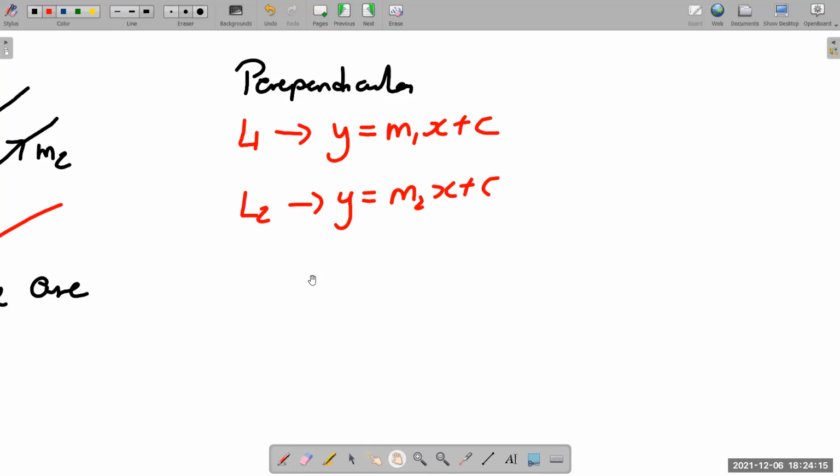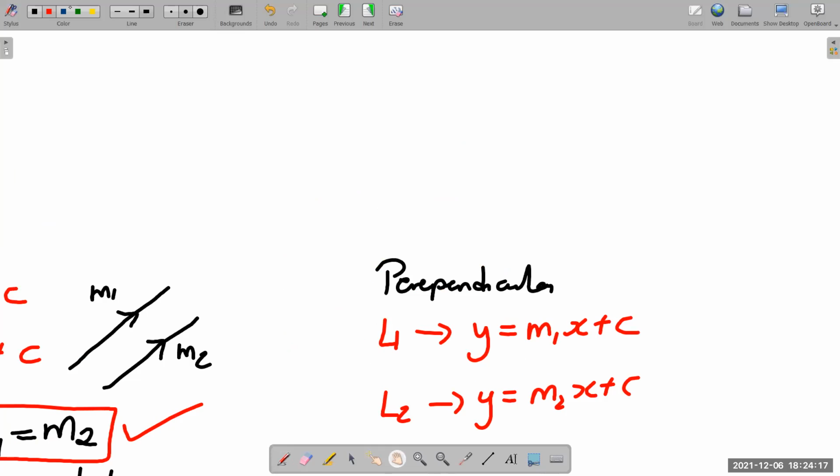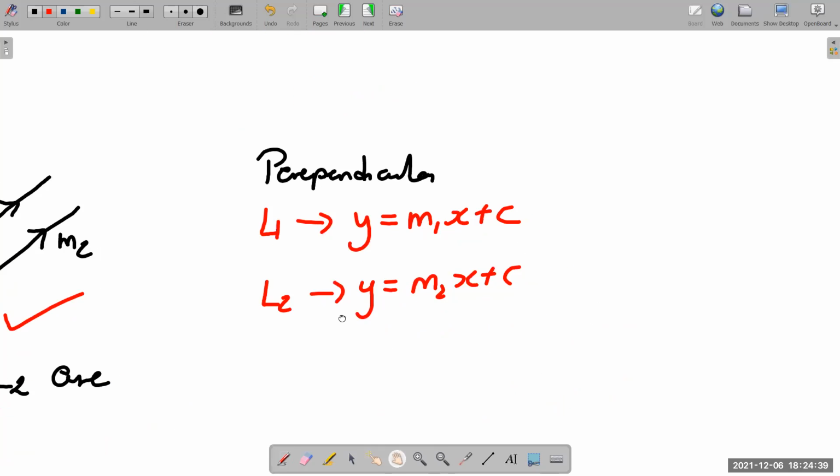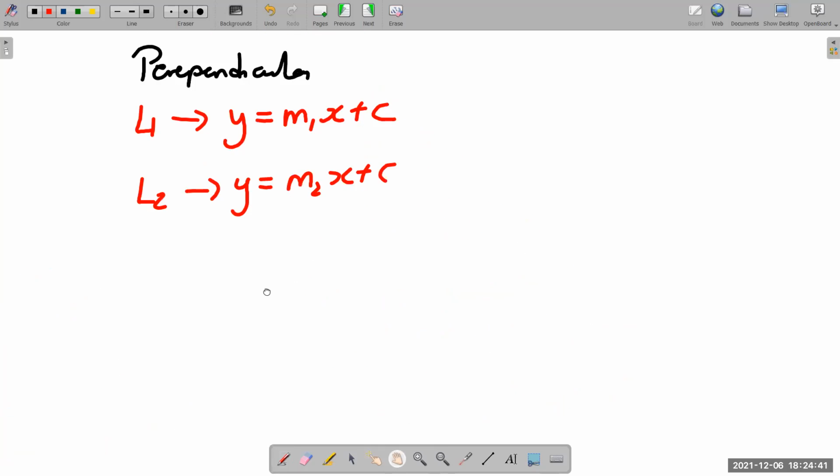I want to remind you that the general formula of any line is y equals mx plus c, where x is the x variable, y is the y variable, so we know input, output, and m is the gradient, and c is the y-intercept. You see how many times I repeat the same things, because they are very important to remember.